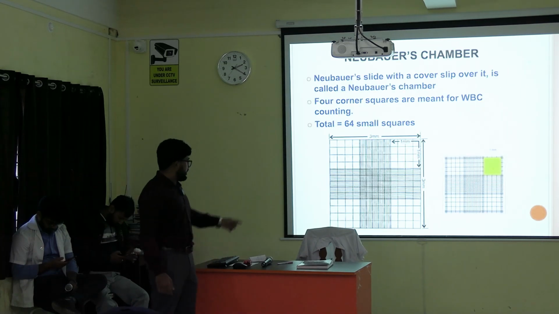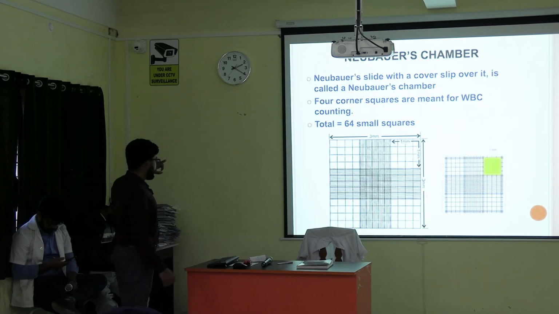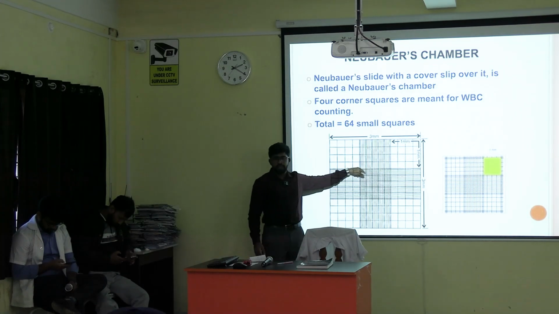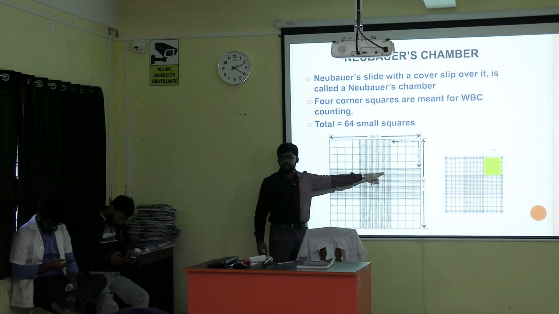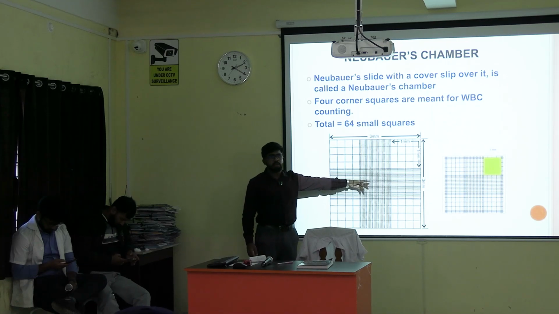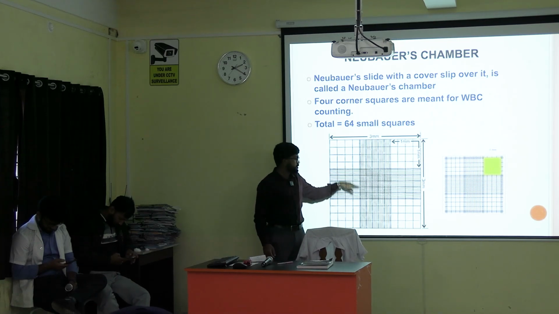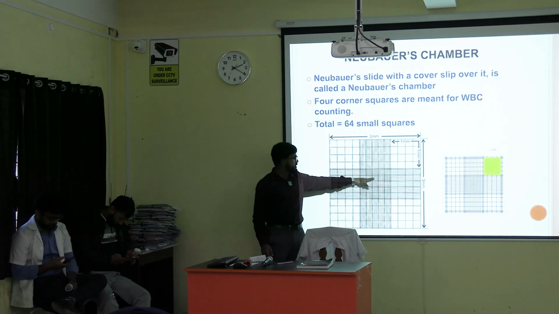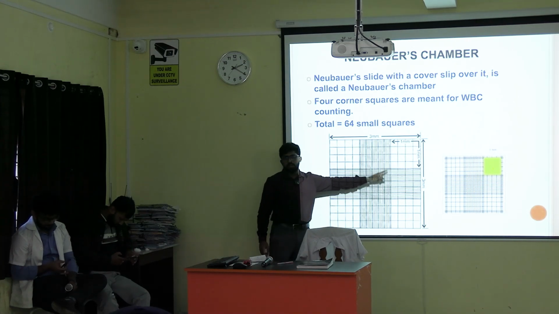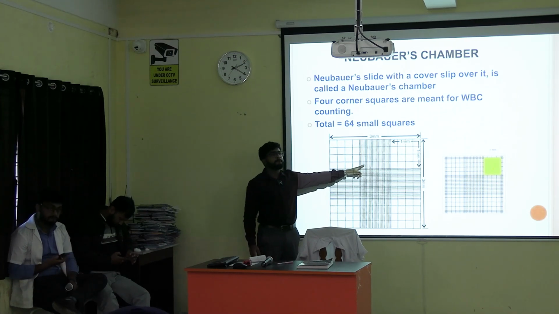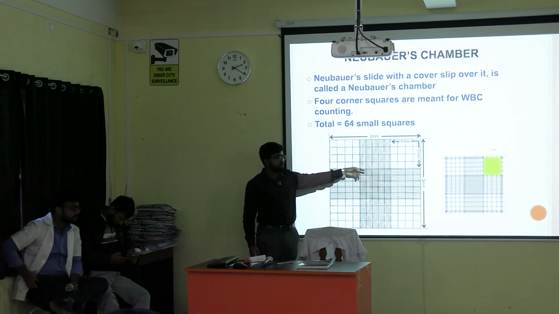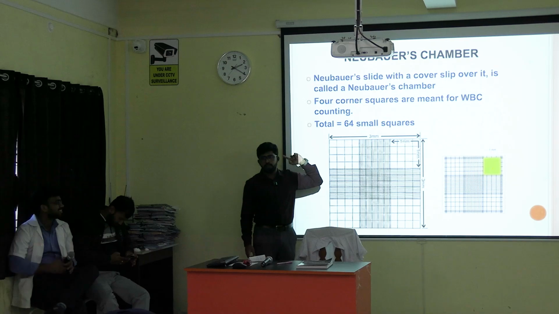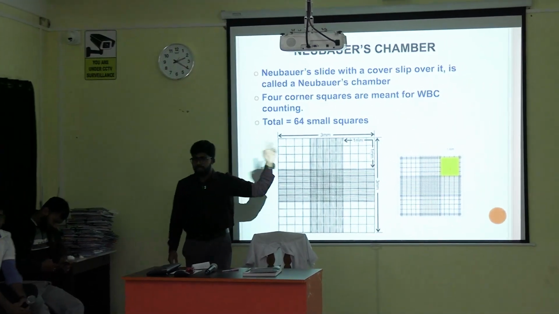See, in case of RBC count, we are considering this large box, isn't it? What is the name of this large box? The Neubauer chamber is the whole thing, no? What is the name of this square?